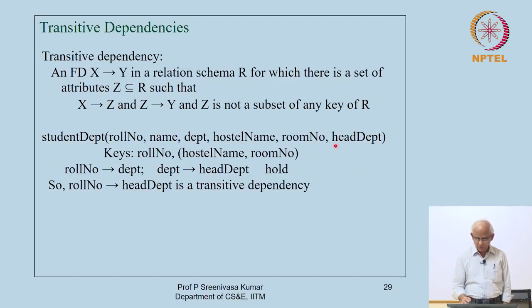Especially if you look at this head of the department, it is dependent on department, but department is not a key or part of any key. So, there is no violation of 2NF restriction, which basically said that all non-prime attributes should be fully functionally dependent on all keys.